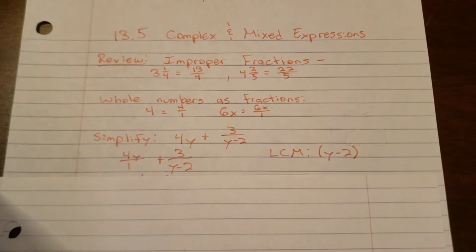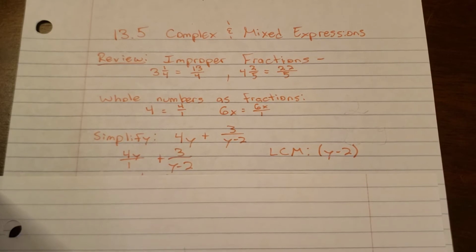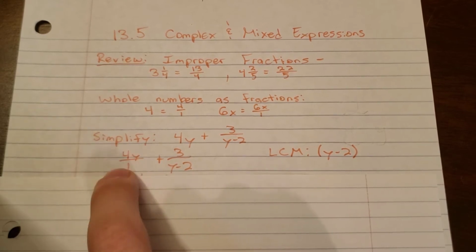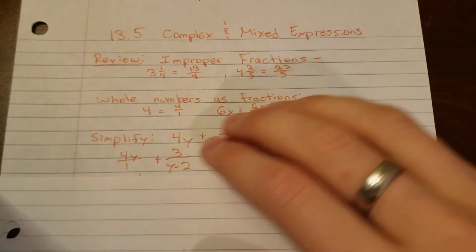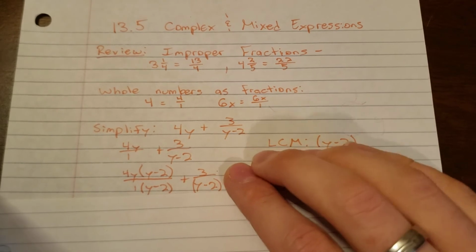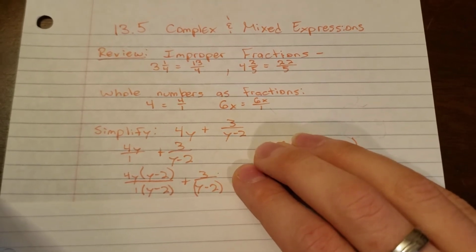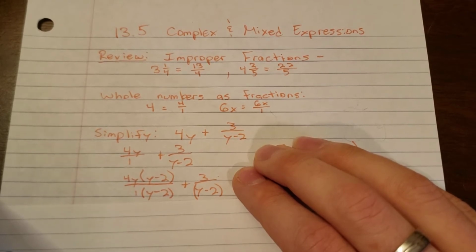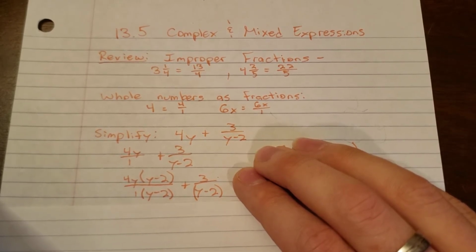So in order to combine these, I need to multiply this by our least common multiple, top and bottom. That gives me 4y times y minus 2 over 1 times y minus 2, plus 3 over y minus 2.